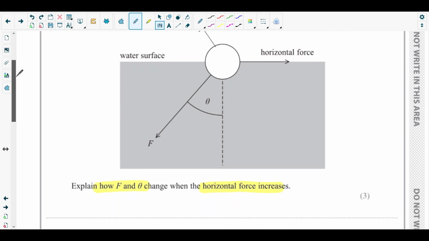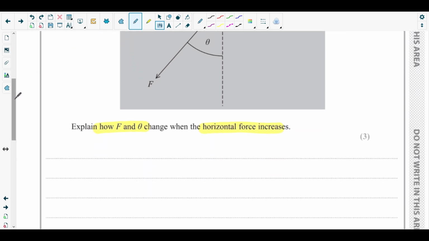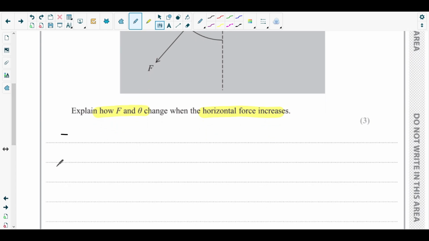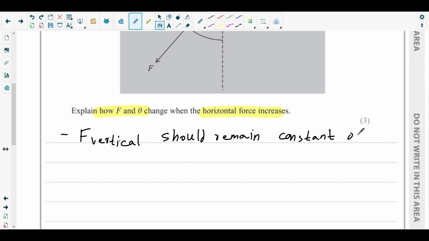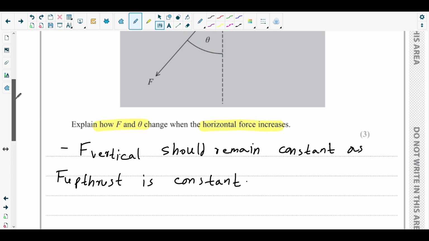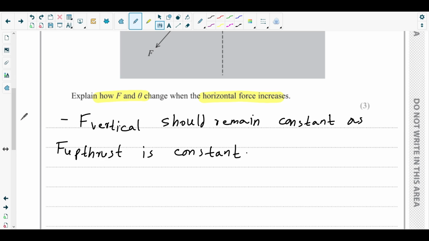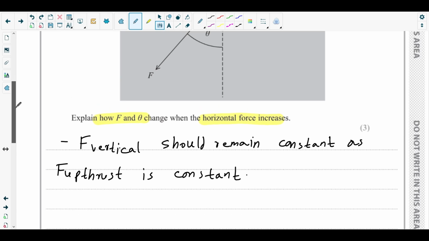So the first point is that the vertical component of force F, F vert, should remain constant, as the force upthrust is constant, because the buoy has to be in equilibrium both vertically and horizontally.